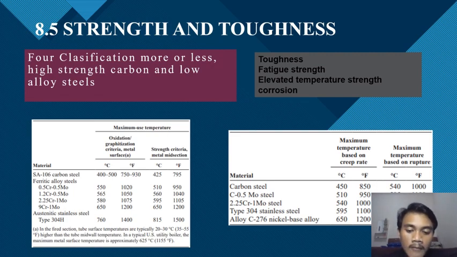Fatigue strength. When a steel component is subject to repeated or cyclic stress, including vibratory stress, the part can fail by fatigue even though the bulk stress level acting on the part may be below the yield strength of the steel.